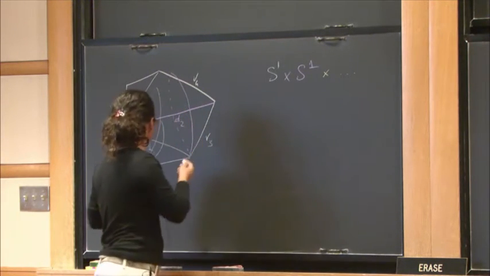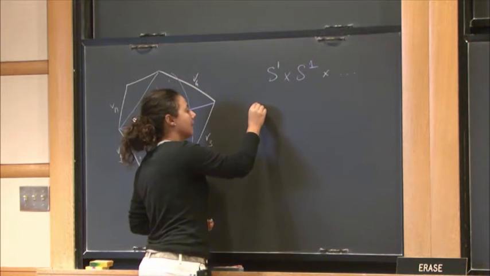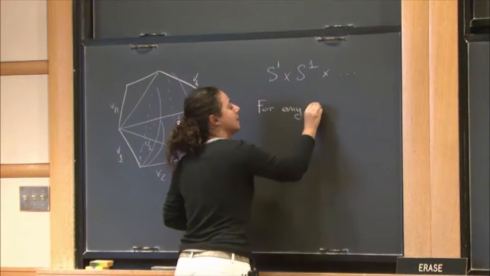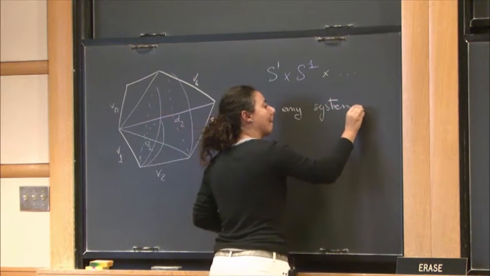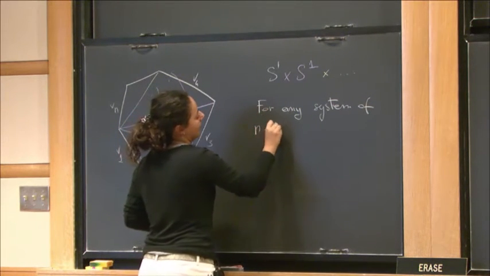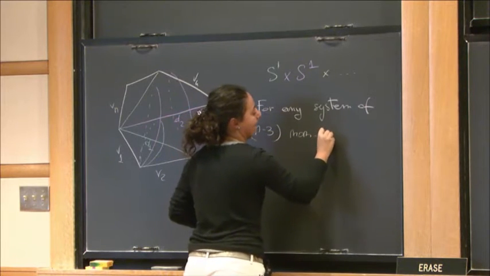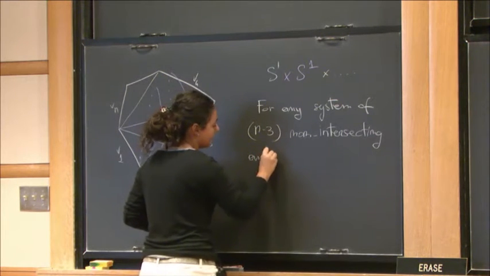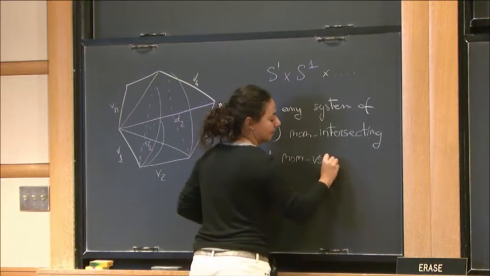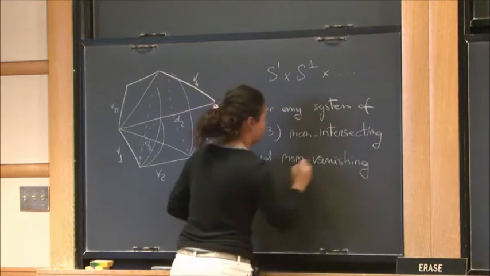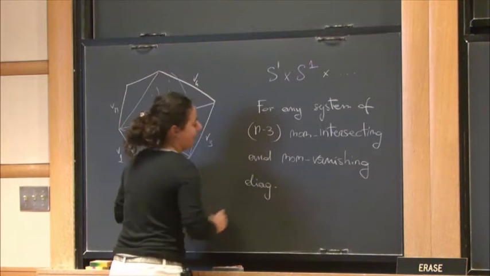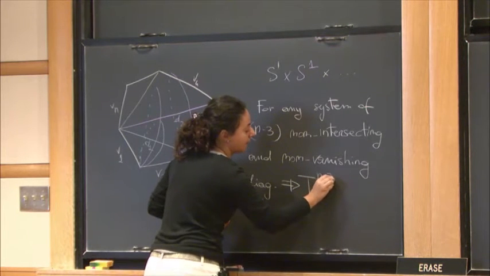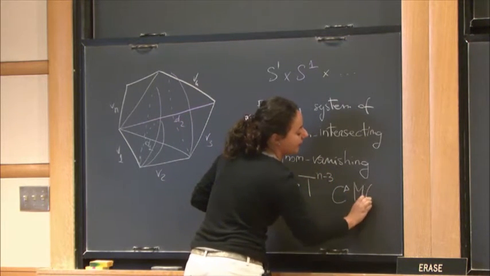So this is to give a geometric intuition of what the bending action is, and the statement is that for any system of n minus 3 non-intersecting and non-vanishing, this is important, diagonals, we define in this way an action of an (n−3)-torus on our polygon space M_R.